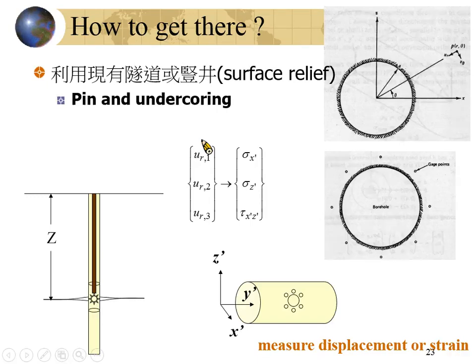And maybe you can try to mark several pins like this. If you have a tunnel, and here is your tunnel wall, and you're trying to put how many pins here? 7 or 8. You have 8 pins on the tunnel wall.